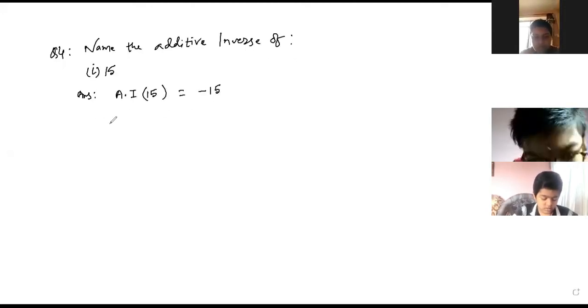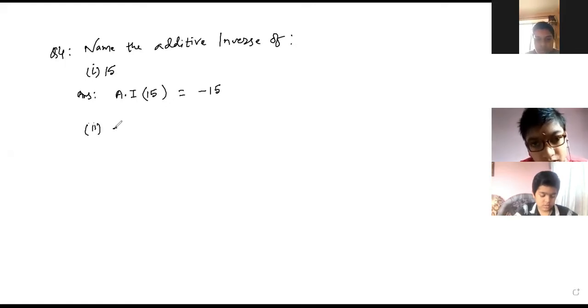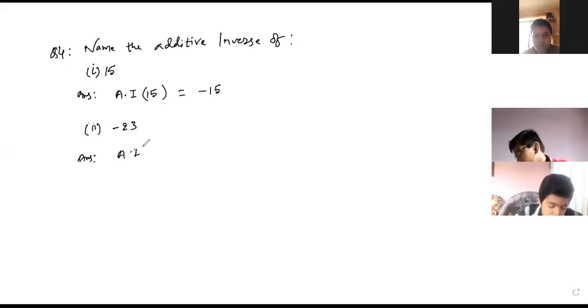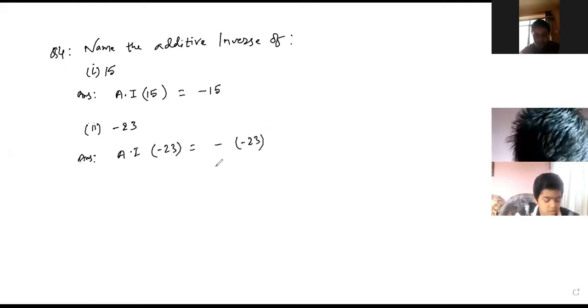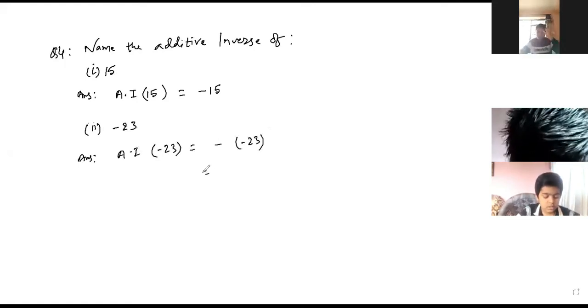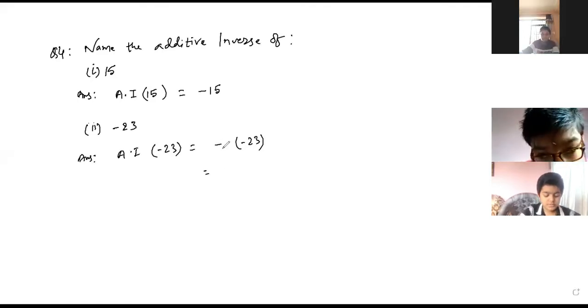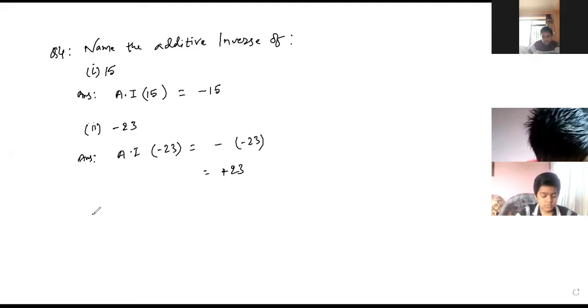Number 2, minus 23. So the additive inverse of minus 23 will be equal to plus 23. Whether you have a negative integer or a positive integer, we have to multiply the minus sign with the given integer. So this became plus 23. Understood?